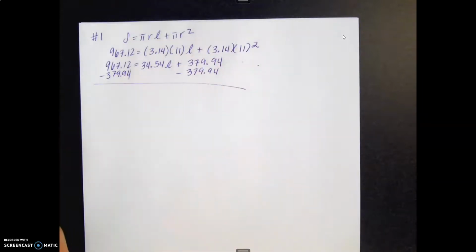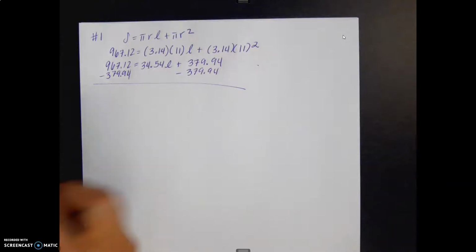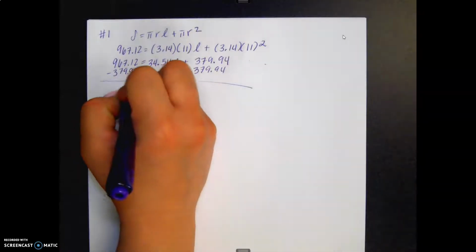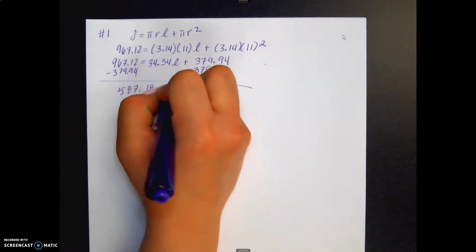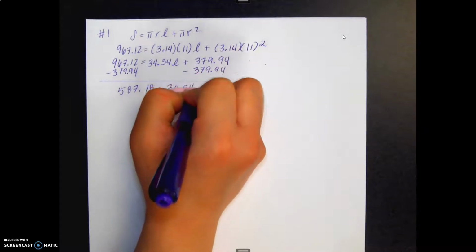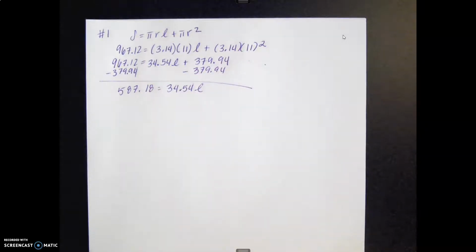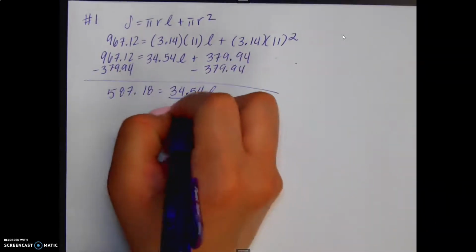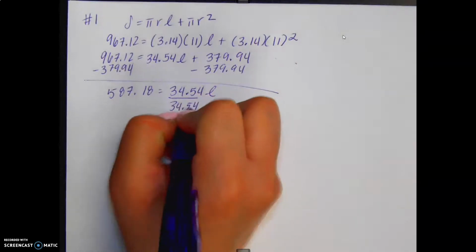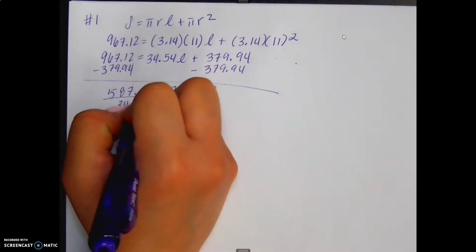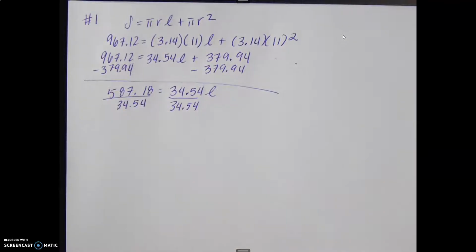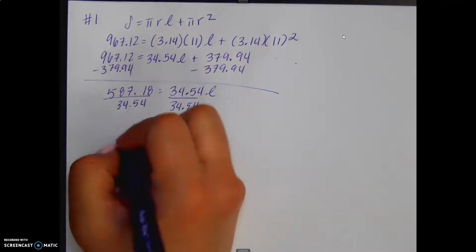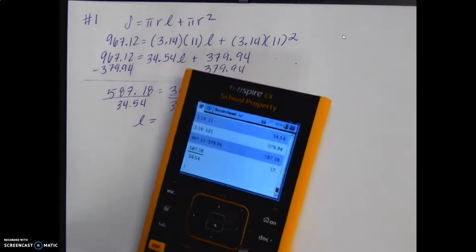Once I do that, I get 967.12 minus 379.94, and that is 587.18 equals 34.54 L. From here, I need to get rid of that 34.54, so I'll divide both sides by 34.54. And it gives me my slant height is 17.